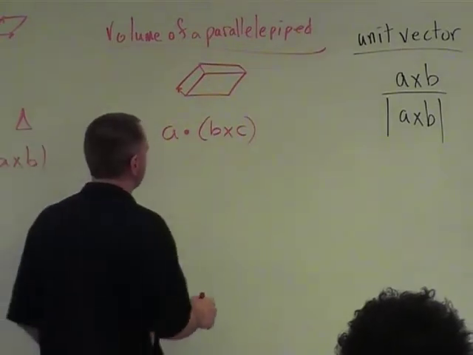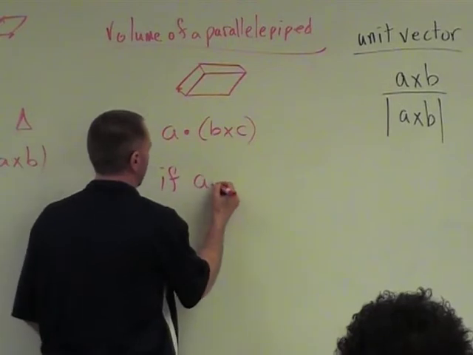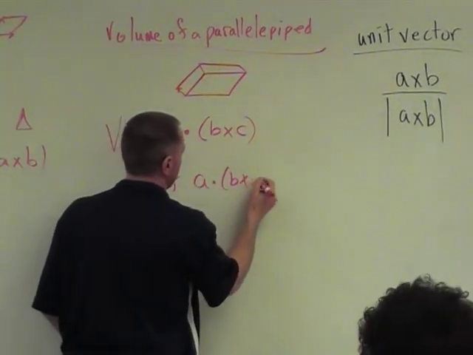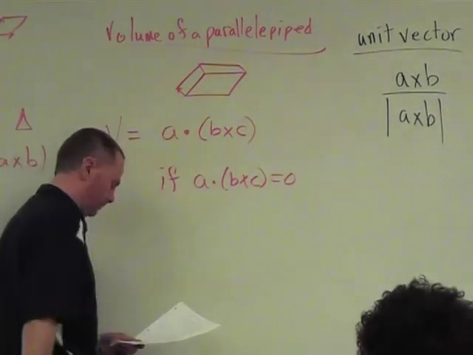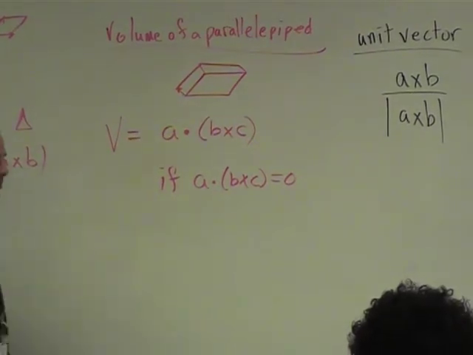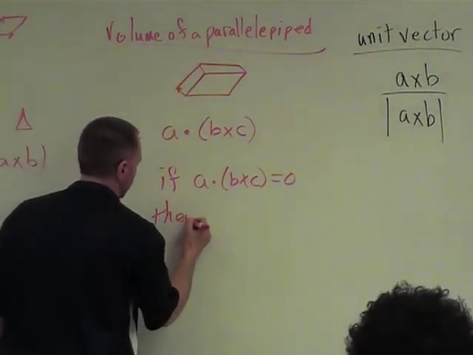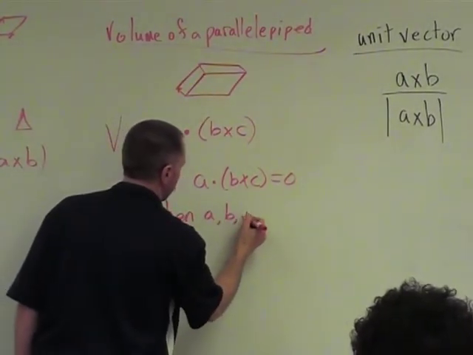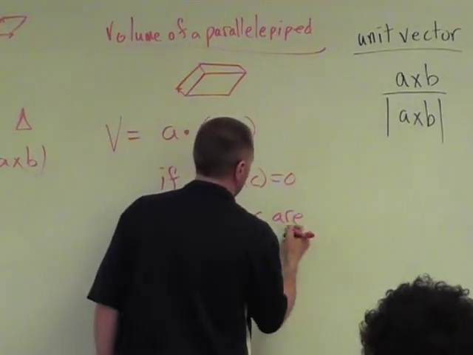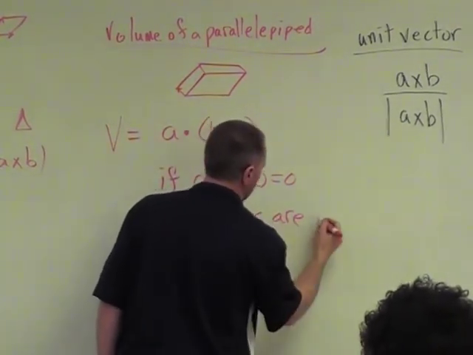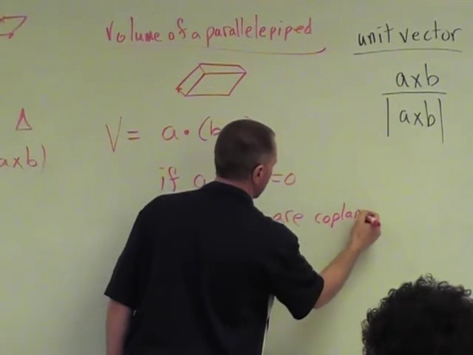If this is equal to 0, then A, B, and C are coplanar. What does coplanar mean?